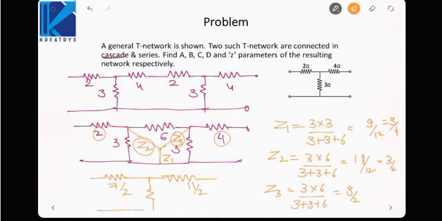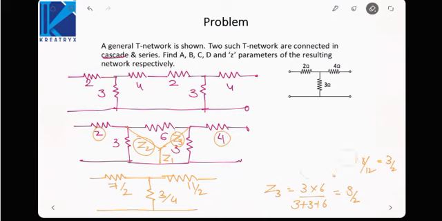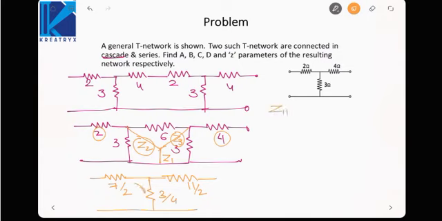Then Z1, 3 by 4. Now what are the Z parameters? Z11 is actually the sum of these two impedances, that is 7 by 2 plus 3 by 4, which is equal to 17 by 4. Okay. Z12 is actually 3 by 4.